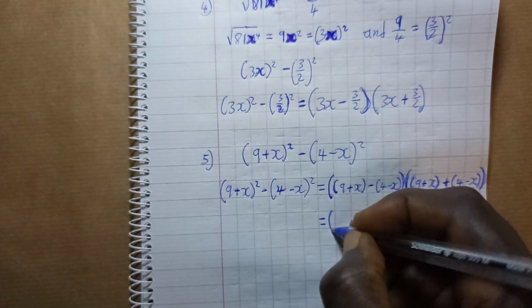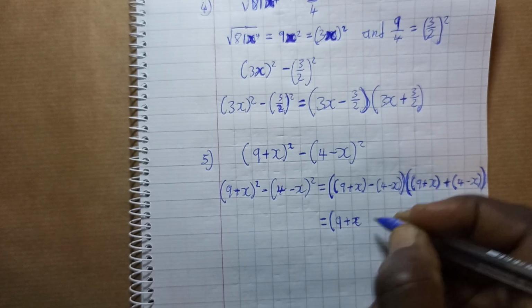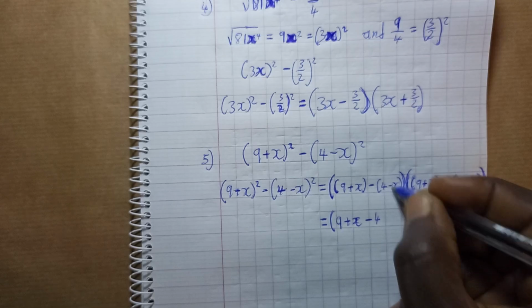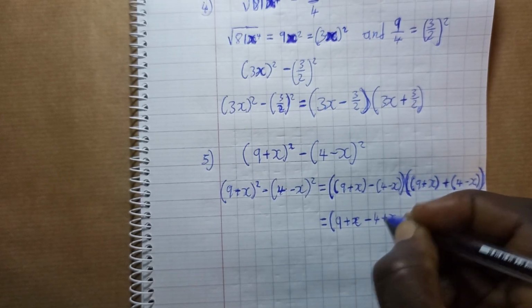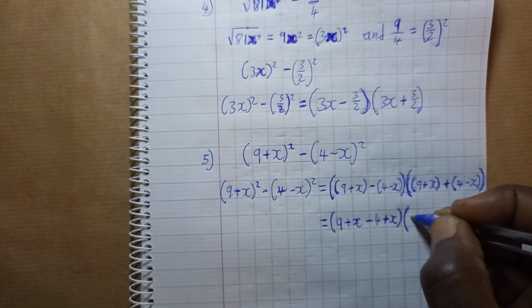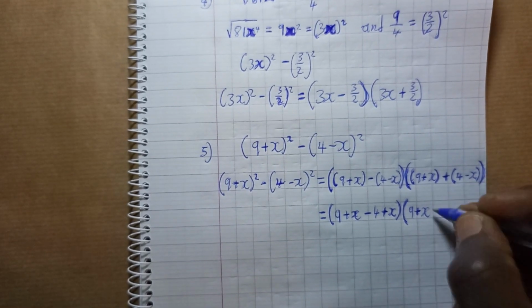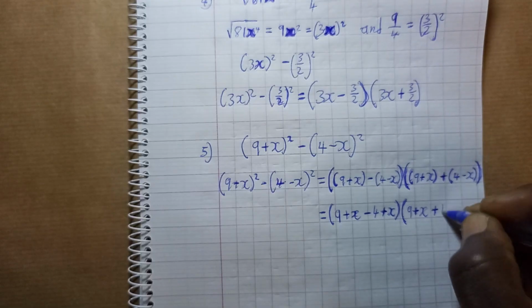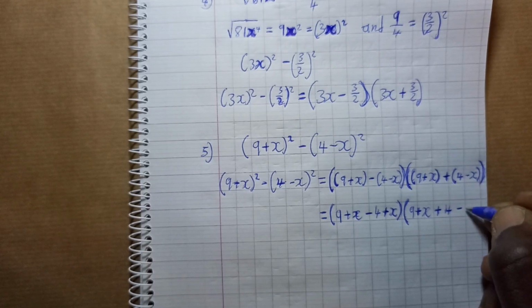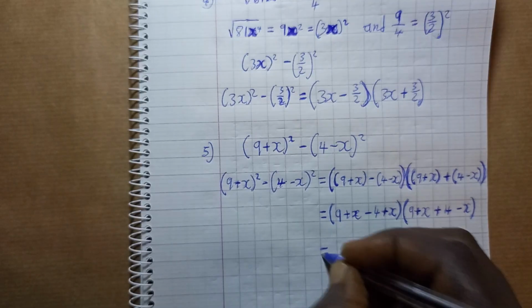Removing the bracket, now we have 9 plus x minus 4, minus will affect minus to turn plus, x plus x. Then you close the bracket, open the other bracket to have 9 plus x plus 4, minus will affect minus, turn still minus x. Close the bracket and then simplify it further.